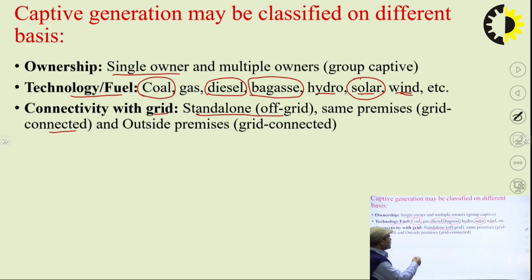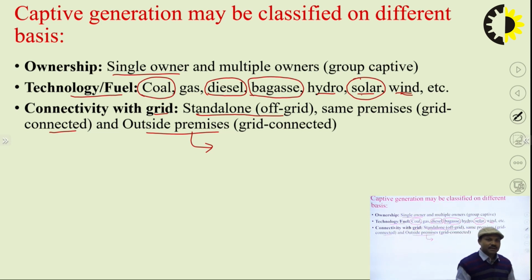If the grid is outside the premises, you have to construct some part of the transmission line. So when grid connectivity is not available in our premises, we have to extend the wires up to the point where the grid is available, so that the excess power generated can be sent to the grid.